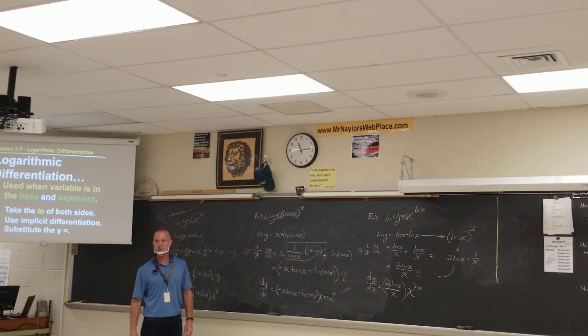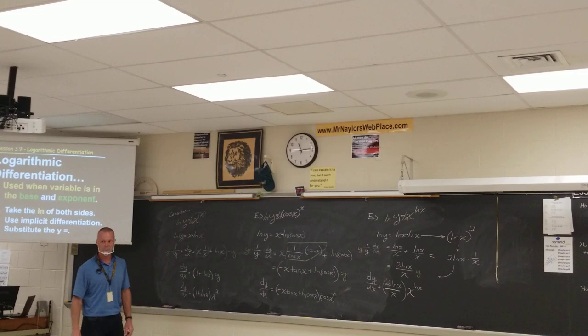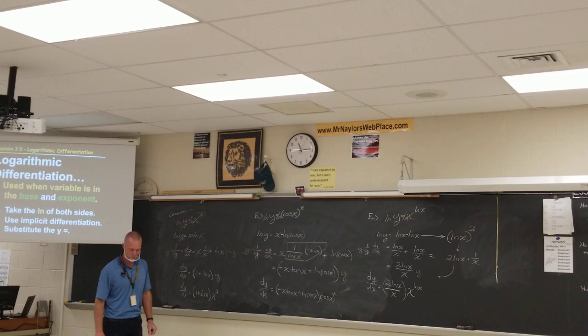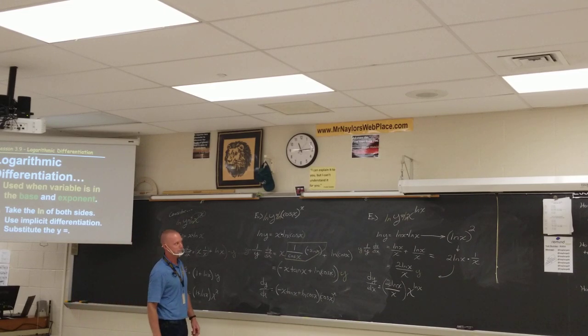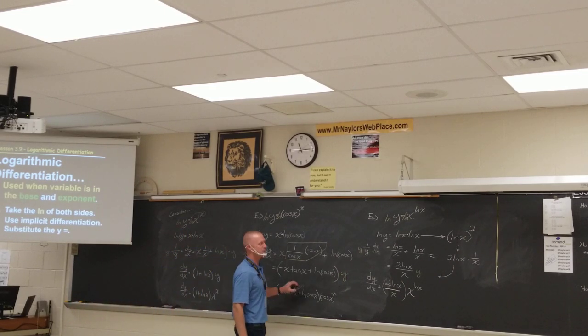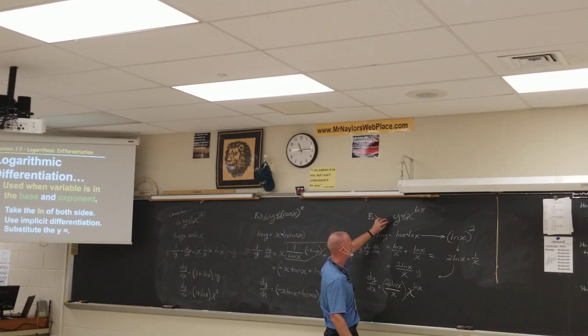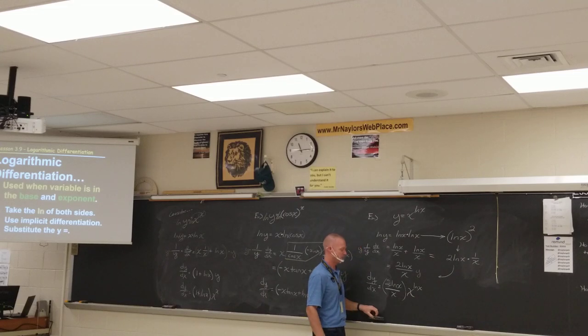Crazy stuff. But remember that this is the derivative. It is a formula. It gives you the slope. And it actually gives you the slope of this special equation. These special equations are equations where x is in the base and x is in the exponent.